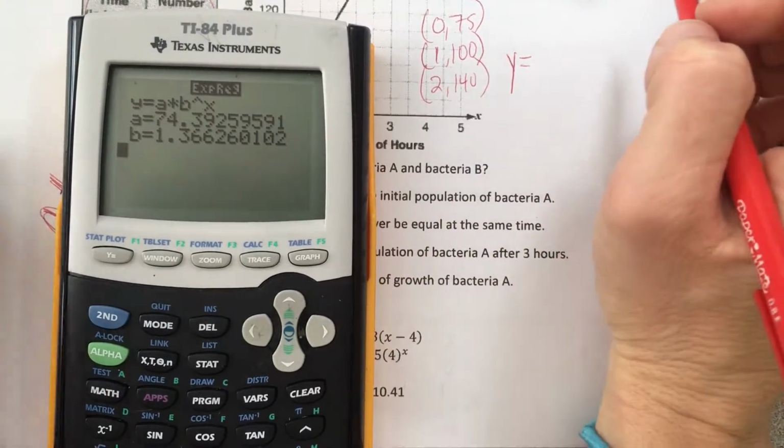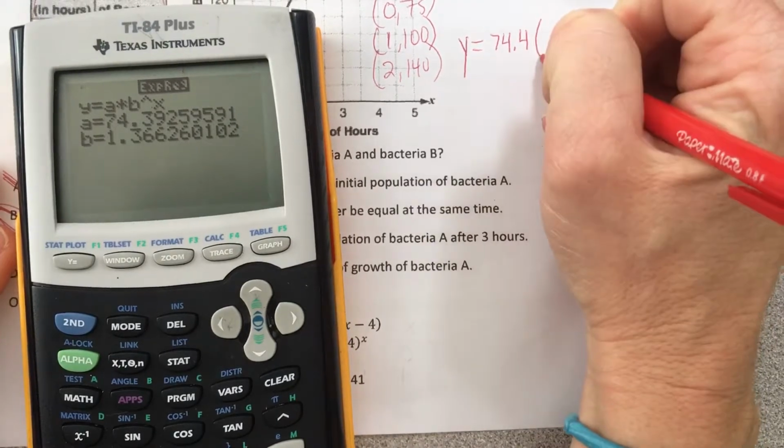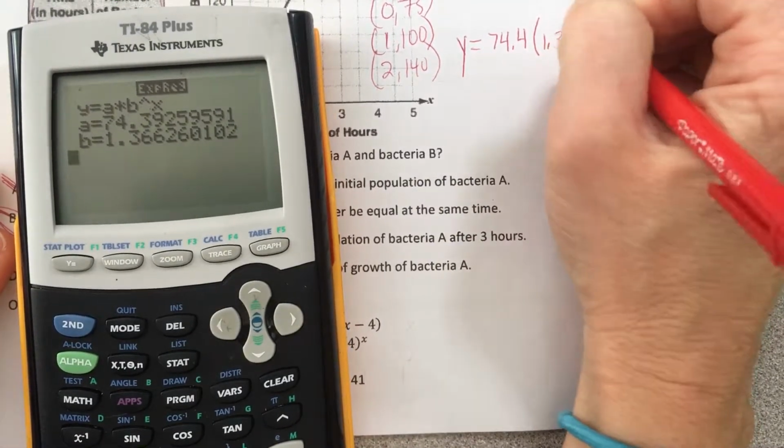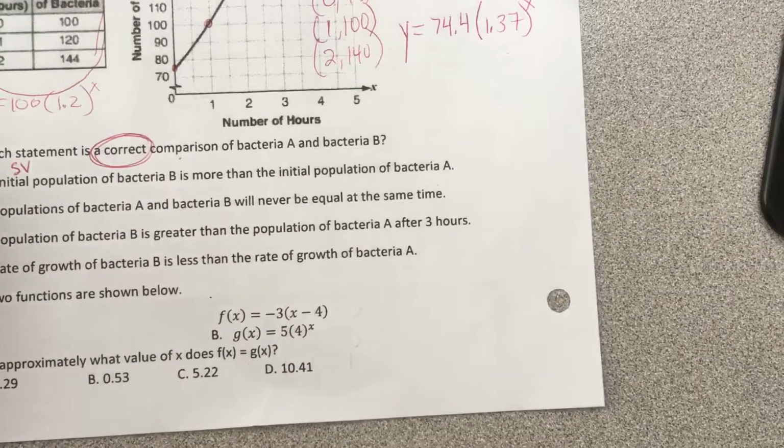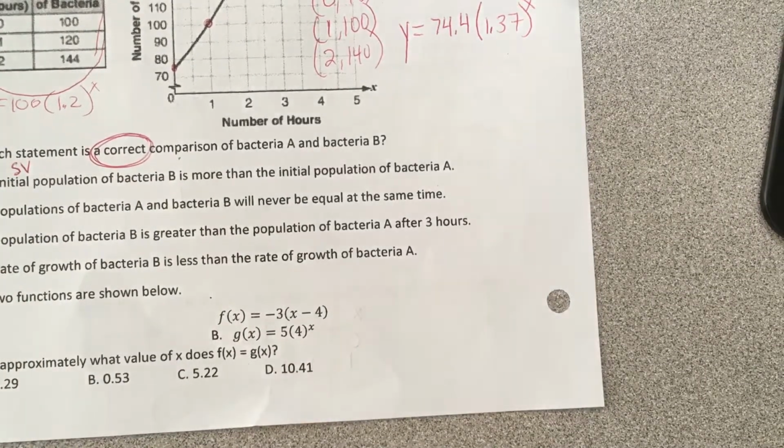Okay, y equals 74.4 parentheses 1.37 to the x. So I'm rounding that. So I go 74.4, 1.37 to the x. Okay, what do I do with the two equations? Compare them. Where do I put them in the calculator? Y equals. So go to your y equals, type both of them in, last problem. So the first equation's 100.